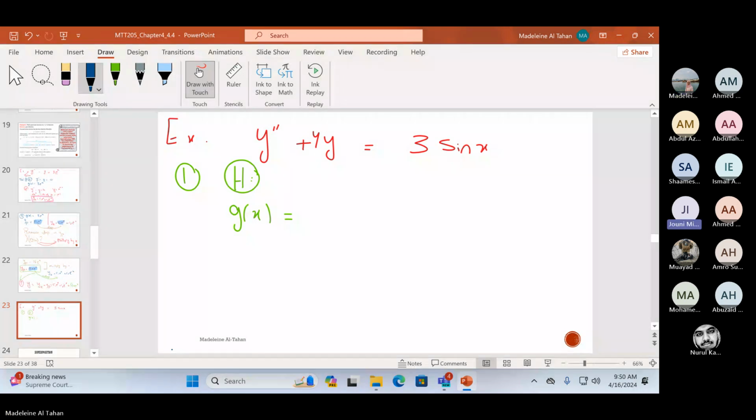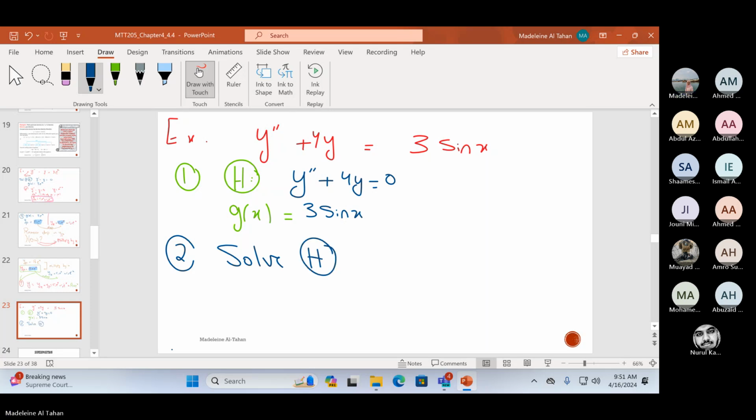I was in room 1. I reached YH. Y double prime plus 4y equal to 0, and g of x is 3 sin x. The next step is solve YH. Which room solved it? We solved it in room 1.